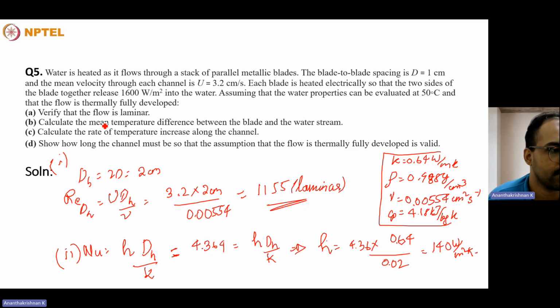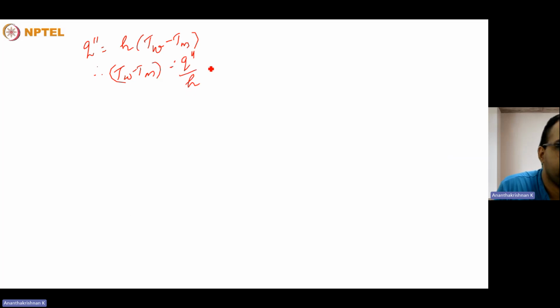So in this process, we need to determine the value of the mean temperature difference between the blade and the water stream. We know that the heat flux is equal to h times T wall minus T mean temperature. Therefore, T wall minus T mean is equal to heat flux divided by h.